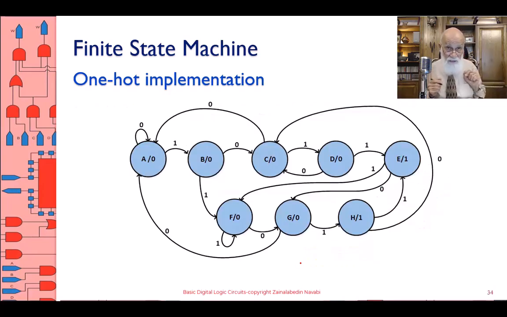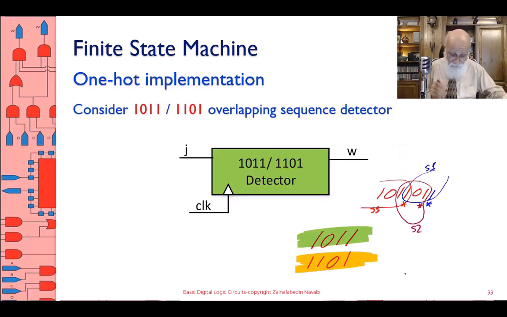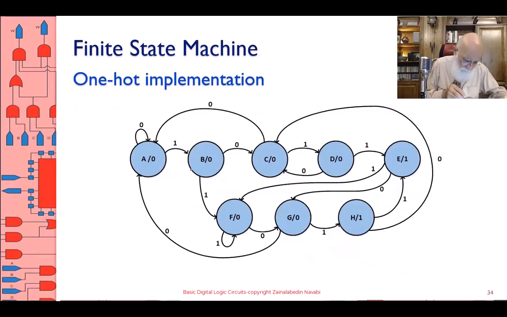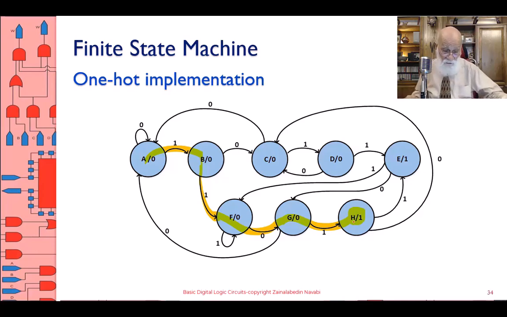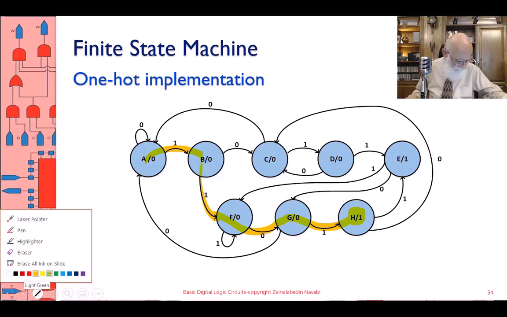I start in state A, and I do the second sequence 1101 here. 1, 1, 0, 1 gets me to state A with a 1 output. And then I start in state A again.